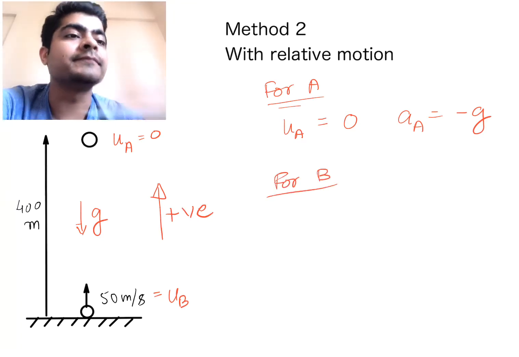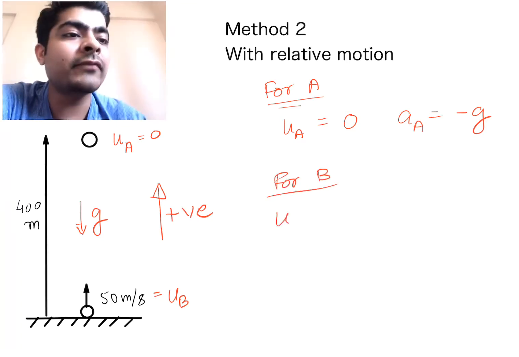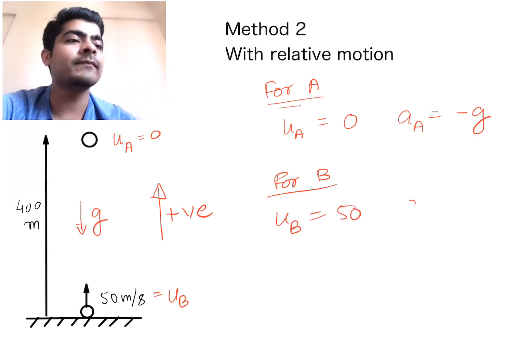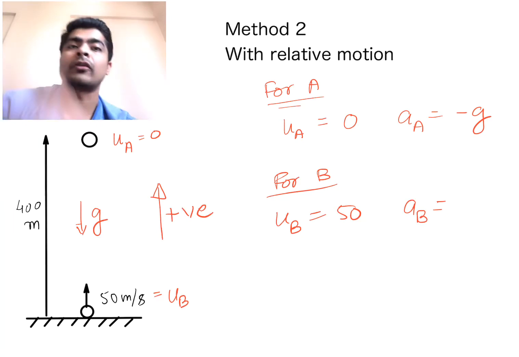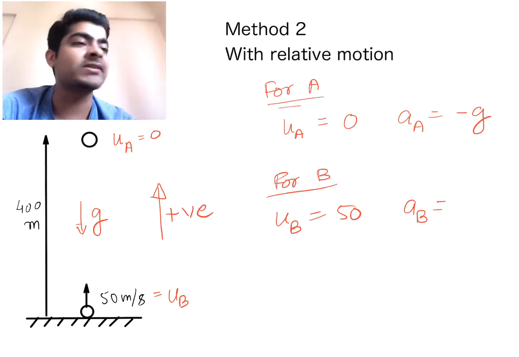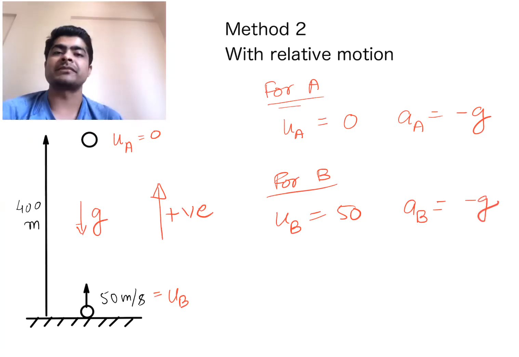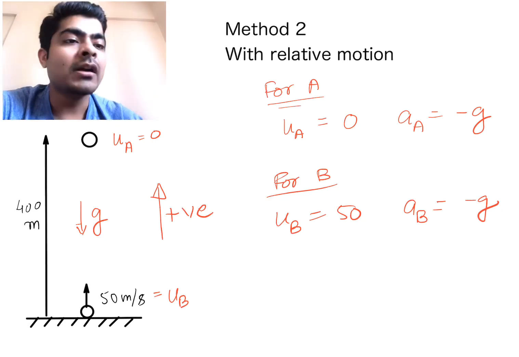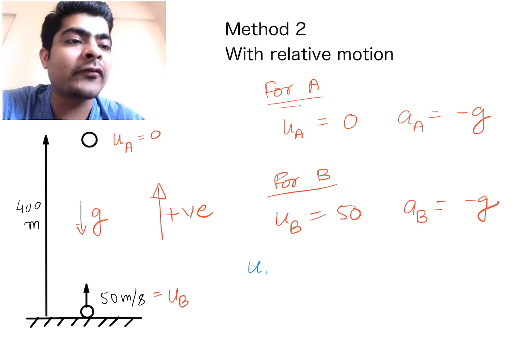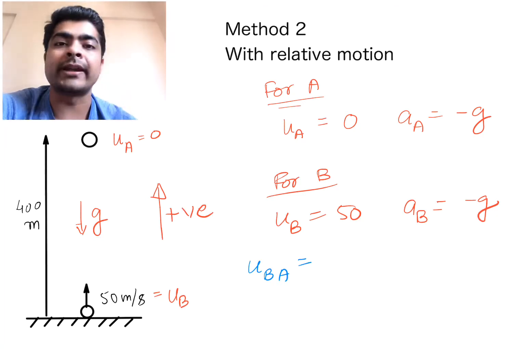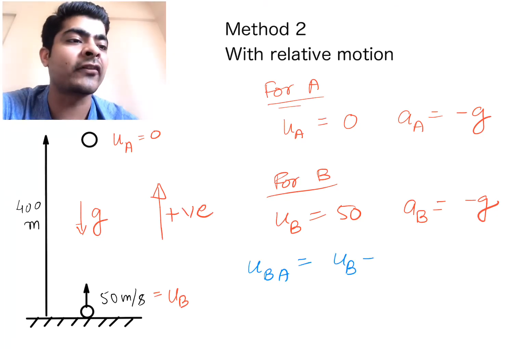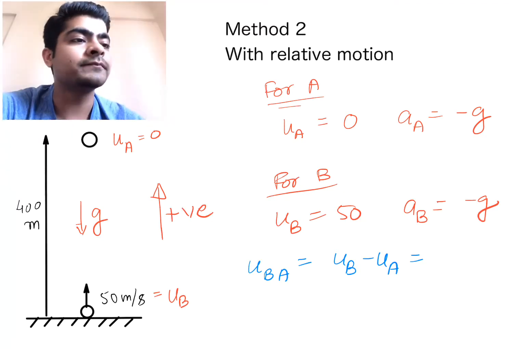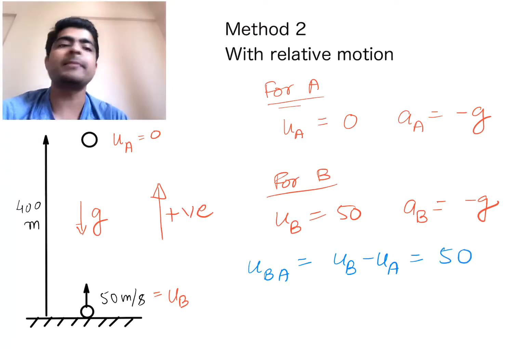For B, initial velocity is upwards, so plus 50. Acceleration of B is again downwards, so minus g. Now we apply relative motion. The initial velocity of B with respect to A will be velocity of B minus velocity of A, which is simply 50 meters per second.